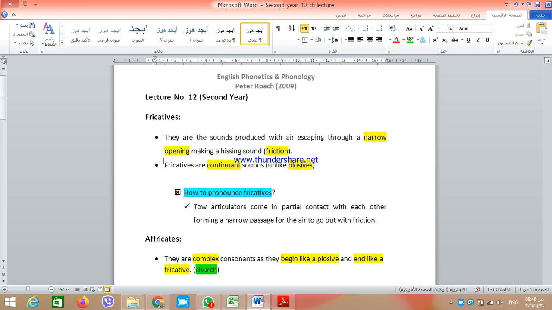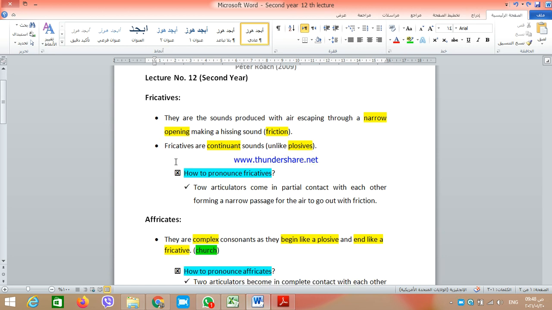The sound stops when the air is finished. While with the plosive, for example, p, we don't have any continuation of the sound. We have a blockage. So this is the difference between stops and fricatives.